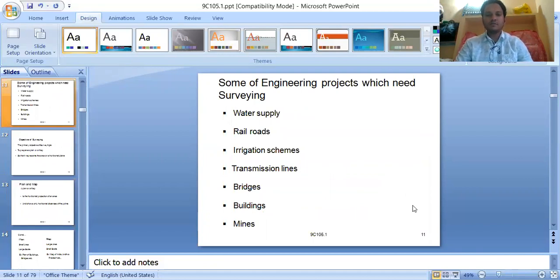We will see some of the engineering projects which need surveying. Water supply projects. Water supply projects include water treatment plants, establishments of plants, and supply of water from the plants to the public. Railroads and irrigation schemes.